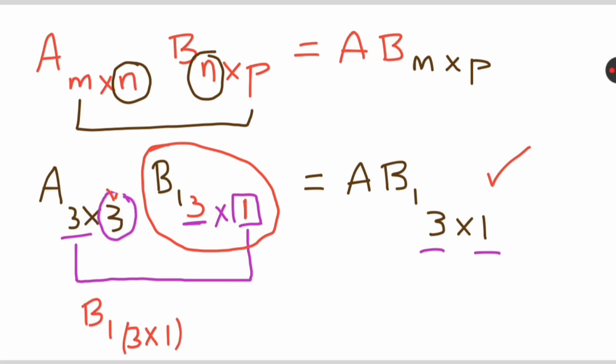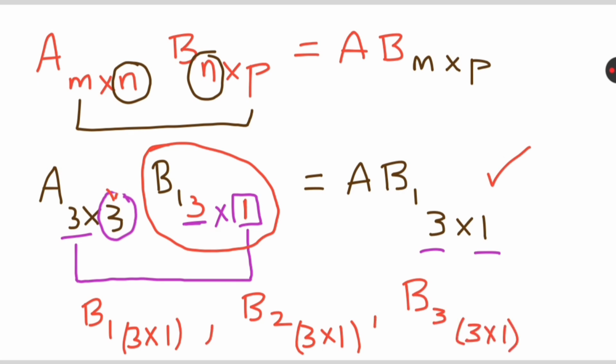And given that B1, B2, B3 are column matrices, if B1 has dimension 3 by 1, then B2 also has dimension 3 by 1, and B3 also has dimension 3 by 1, because these three are column matrices. That's why I'm going to consider B1 as a 3 by 1 matrix.